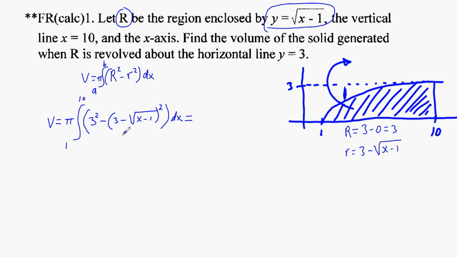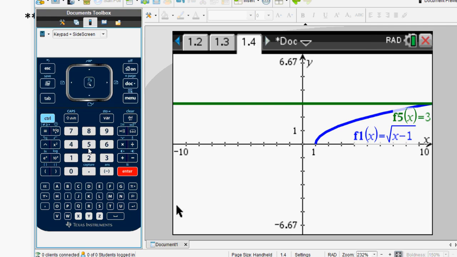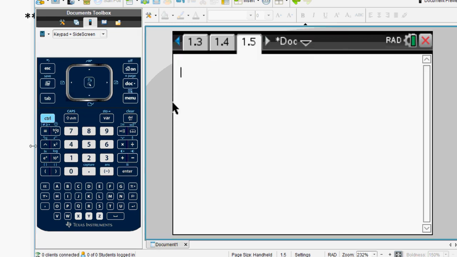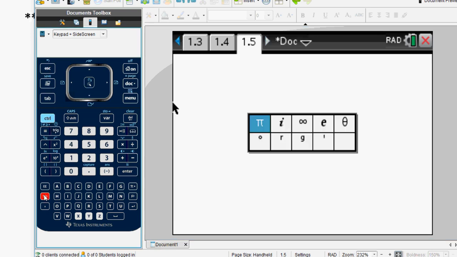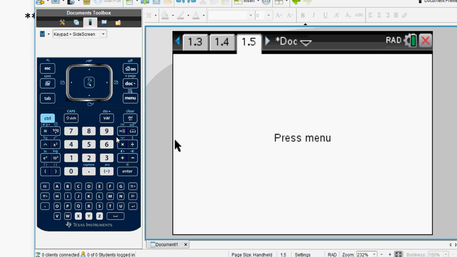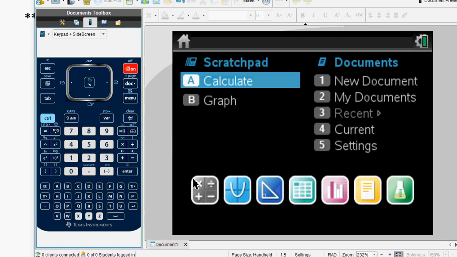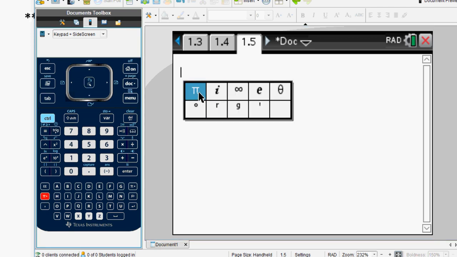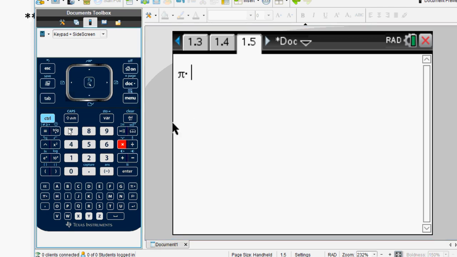So now we have simply an entry into our calculator. I'm going to get a page by pressing Control I, add calculator. Now we'll do that again. Pi times the integral, we use the hotkey Shift plus. We're going from 1 to 10.